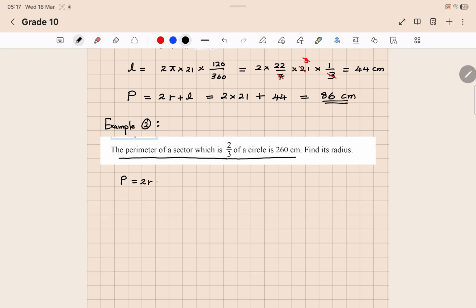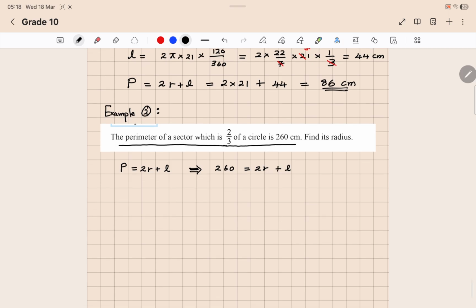Perimeter is 2 times radius plus the arc length. So we know the perimeter, which is 260, 2 radius. R and L we don't know, we have to figure it out, right?